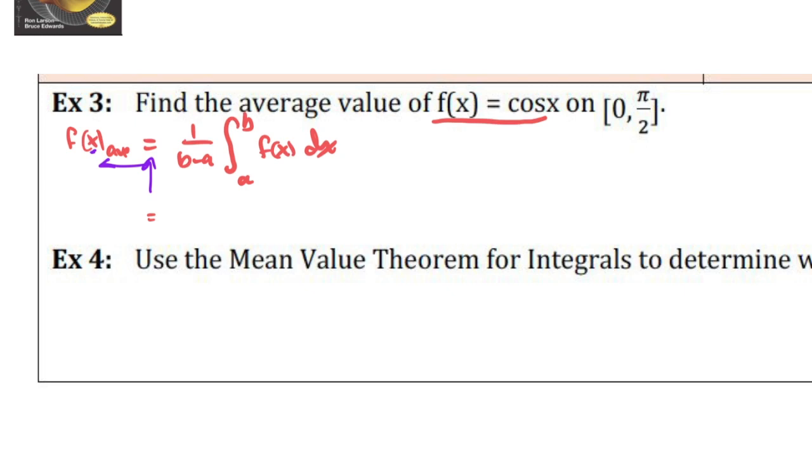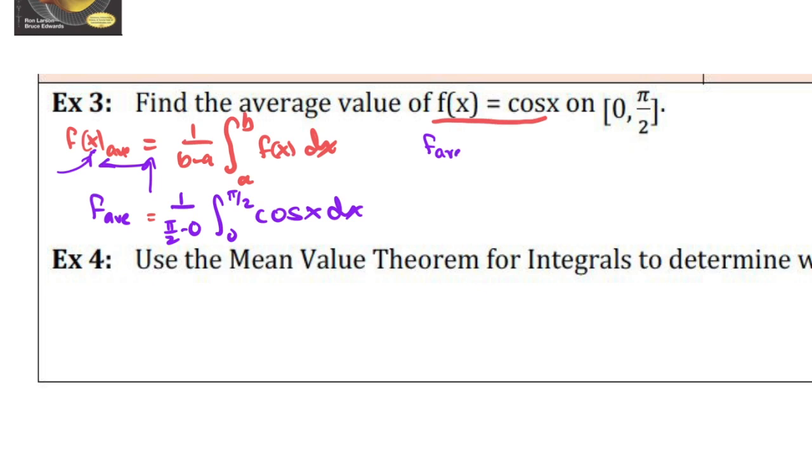We want to know the average over the interval. So just write a new f average, get rid of the x value because the average is a number, equals 1 over your pi over 2 minus 0, the integral from 0 to pi over 2 times the cosine of x dx. So this is a numerical answer. We try not to use f of x as part of that answer set.